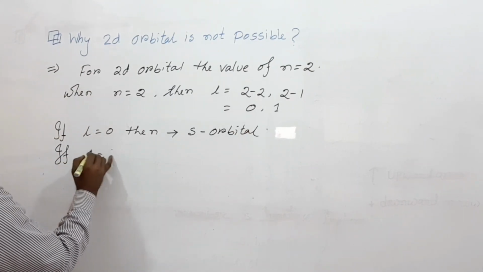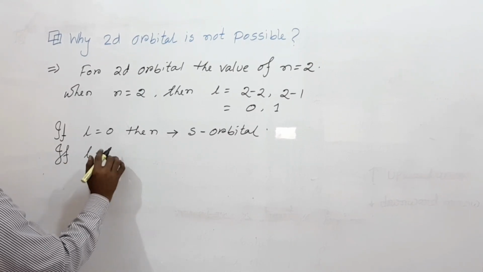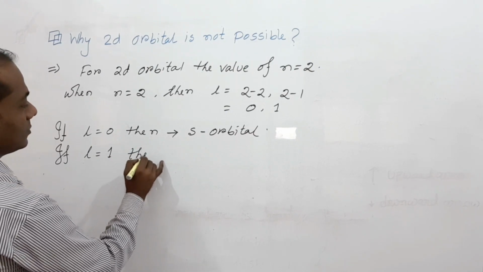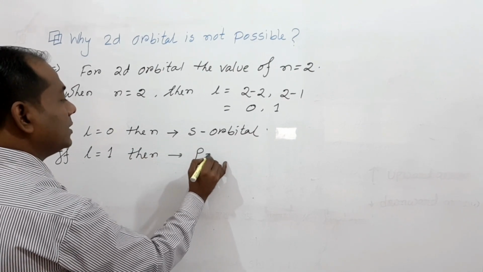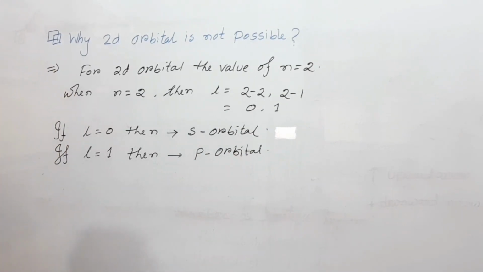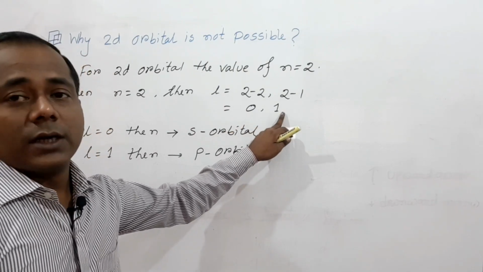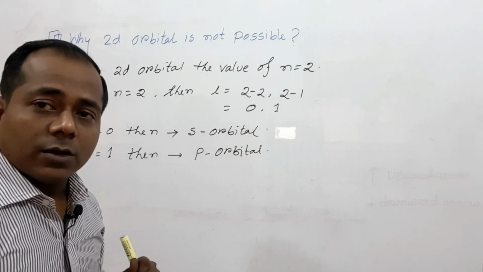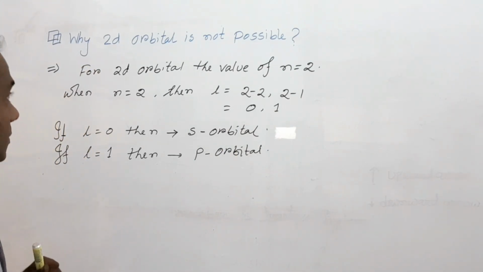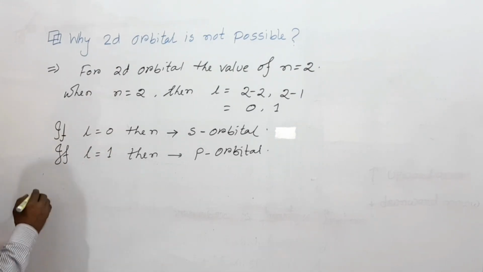If L equal to 1, then we get only p orbital. That means when the value of n equal to 2, then we get only the value of L equal to 0 and 1. 0 for s orbital, 1 for p orbital. So when n equal to 2, then 2d orbital is not possible.